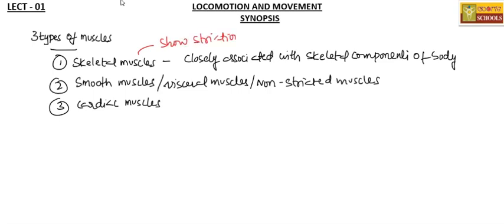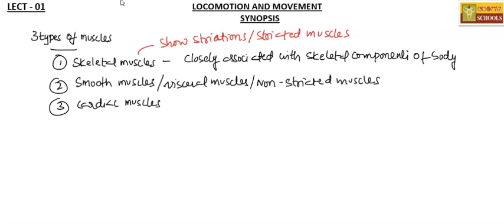What these striations are and how they are formed, we will see in the coming sessions. So skeletal muscles will show striations, hence they are also called striated muscles. So smooth muscles, or visceral muscles, or non-striated muscles.